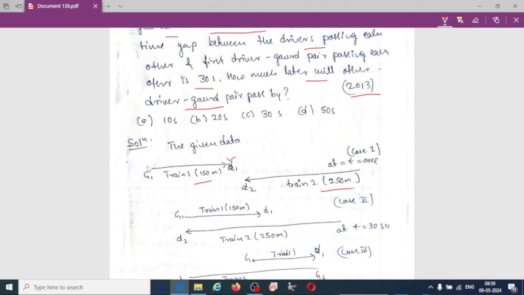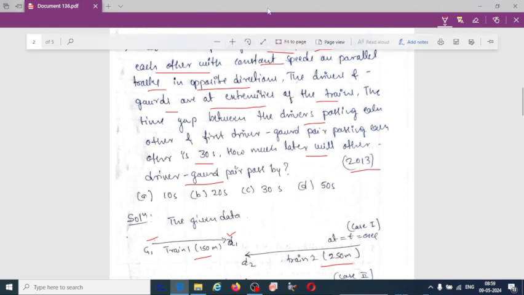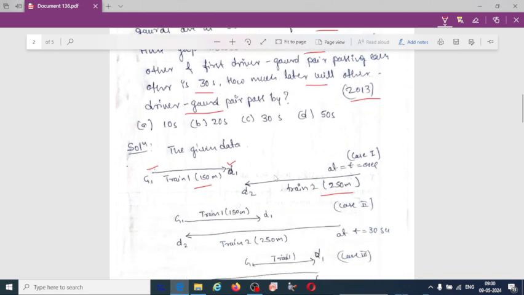In case 1, they are passing in opposite directions on parallel tracks. You can see the time gap between the drivers passing each other and the first driver-guard pair passing each other is 30 seconds.